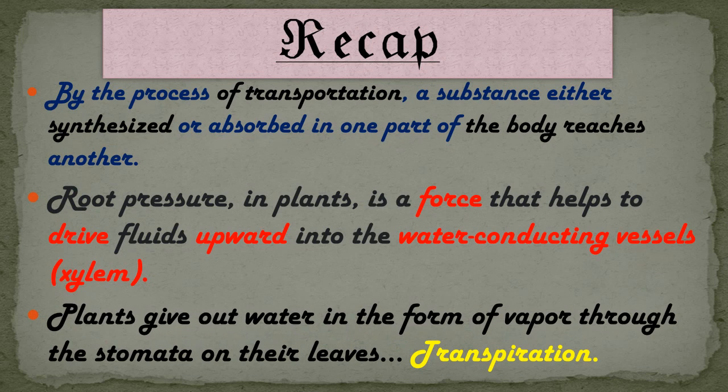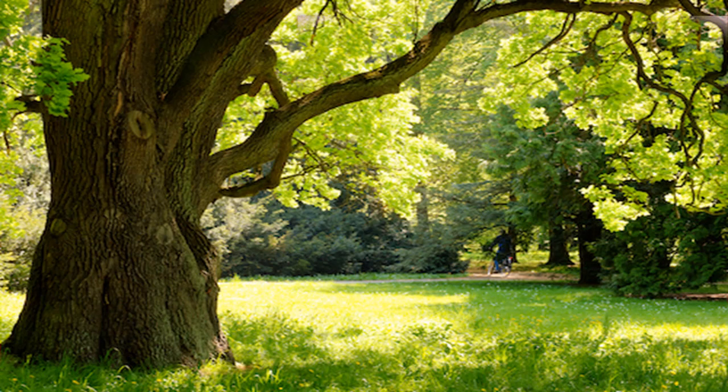And transpiration. Plants give out water in the form of vapor through the stomata which are present on their leaves, and this process is known as transpiration. In simple language, we can say transpiration is the losing or releasing of water from the leaves of plants.